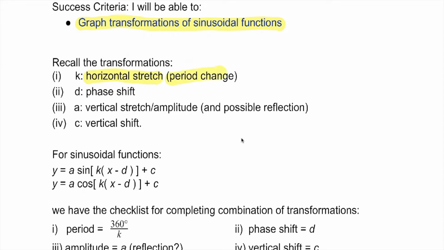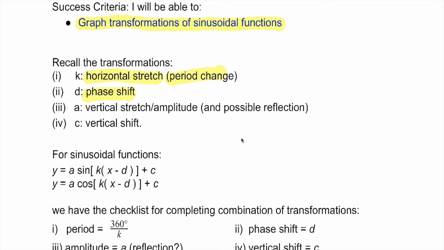We'll talk about that a little later on. D affects the graph in terms of shifting it left and right, but when it comes to sinusoidal functions, we describe that as a phase shift, either left or right.